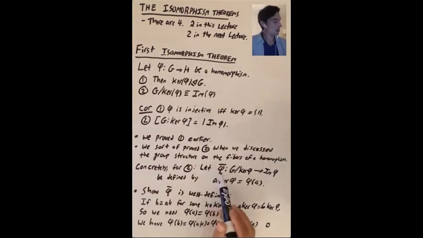So let's call this phi hat. This is a common notation where you start with some homomorphism phi, and something involving the quotient often gets a hat over it, or a bar. What it's going to do is take the left coset of the kernel containing A to phi of A. So what do we need to do to prove this theorem?